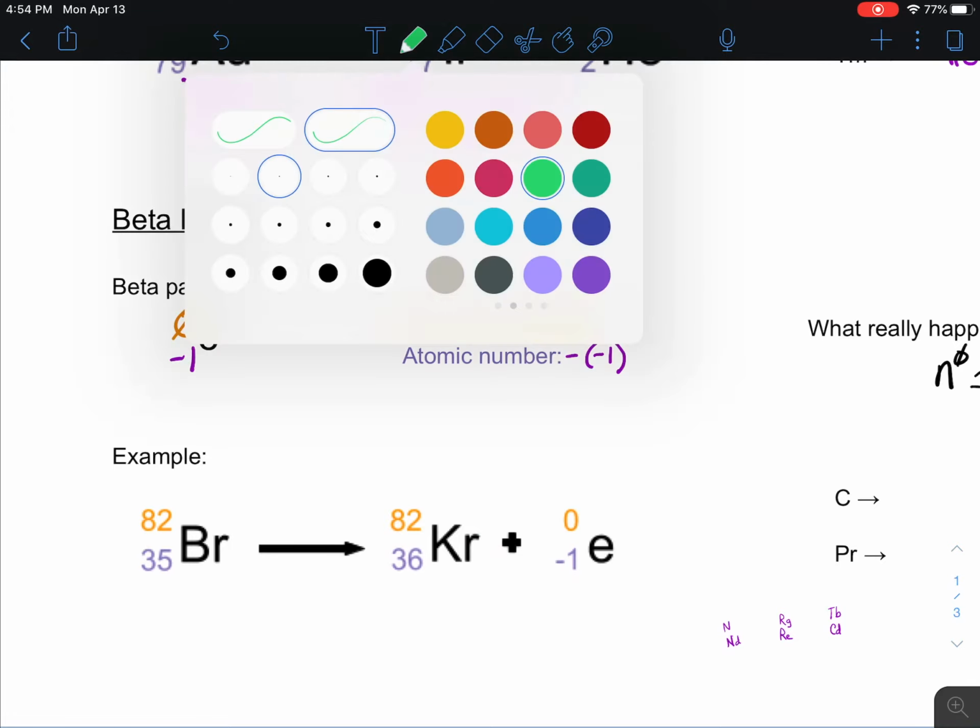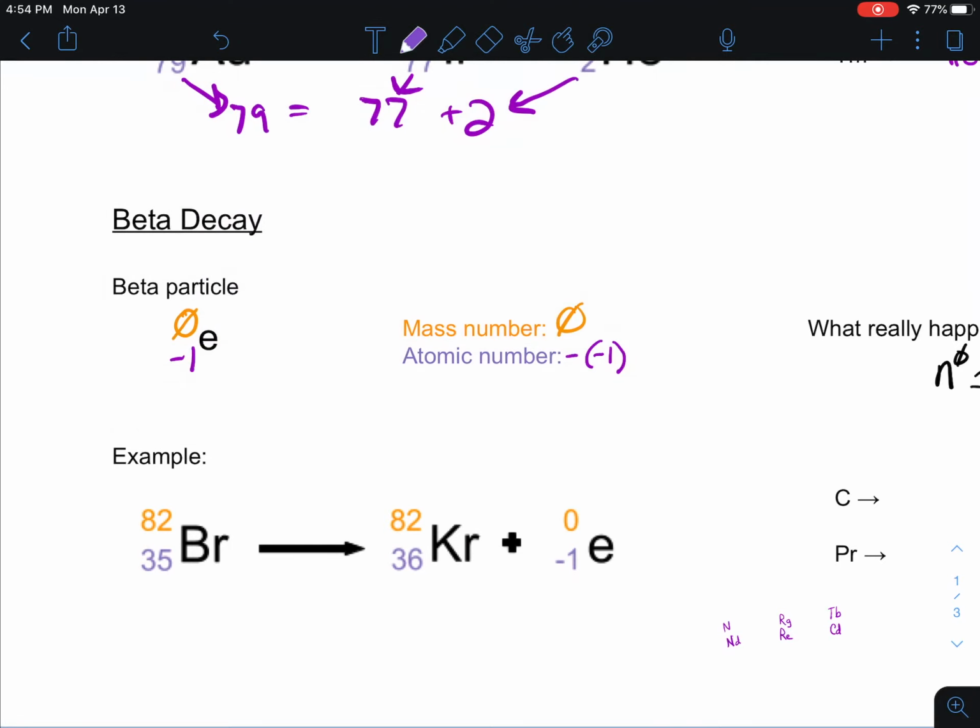I will write that one out. 35 is equal to 36 plus a -1. How did that work out? Oh, because it is 36, not minus, it's plus a -1. 36 plus -1 is 35.